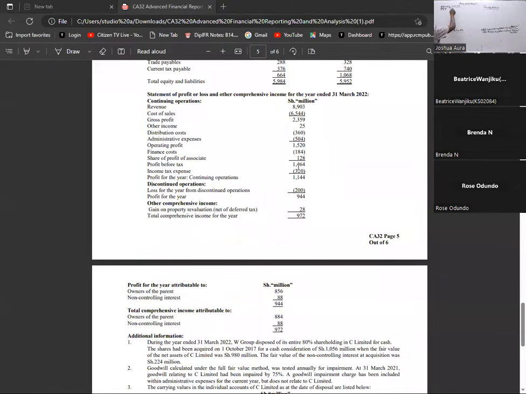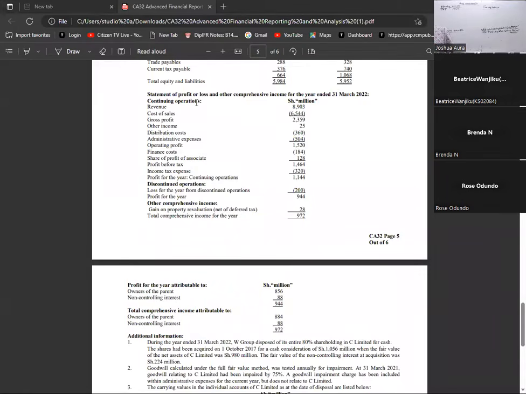Remember, here we had what we called a discontinued operation. Whatever we have here as 1464 is a profit before tax for the continuing operations. In the year, we had a subsidiary that we disposed of, which we were able to discontinue.